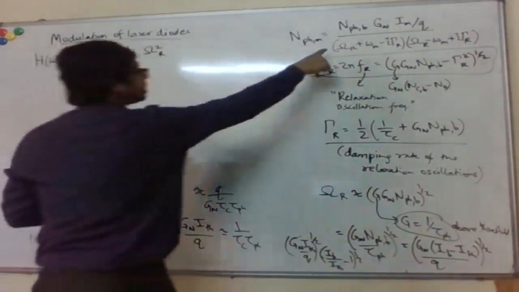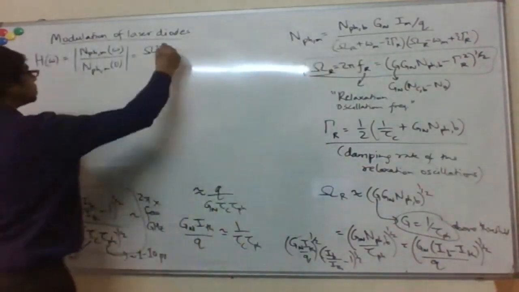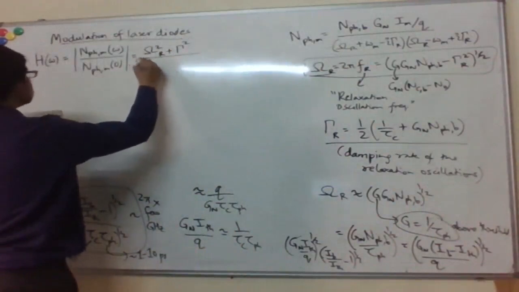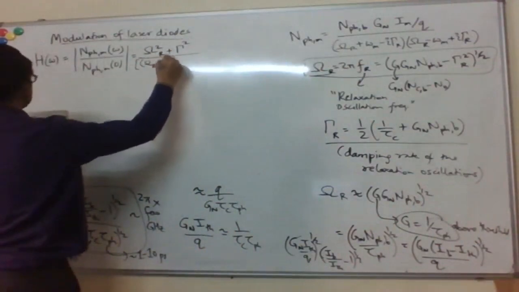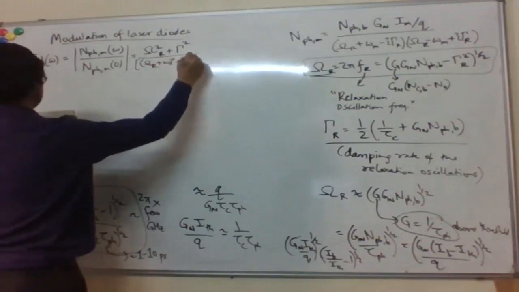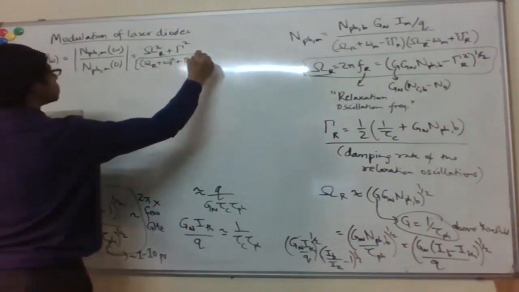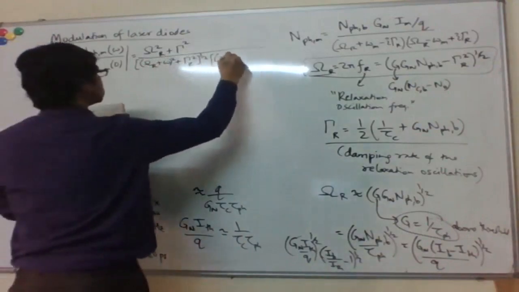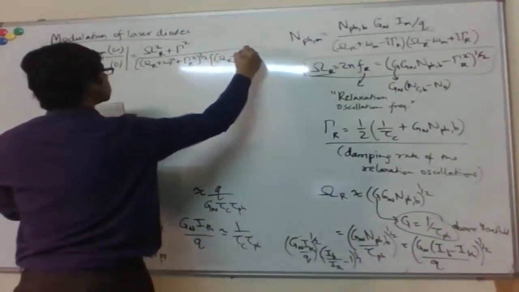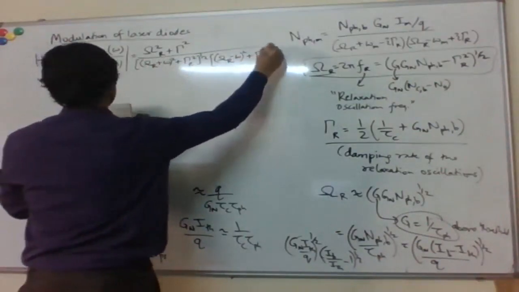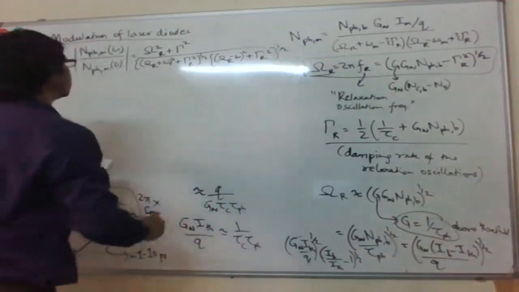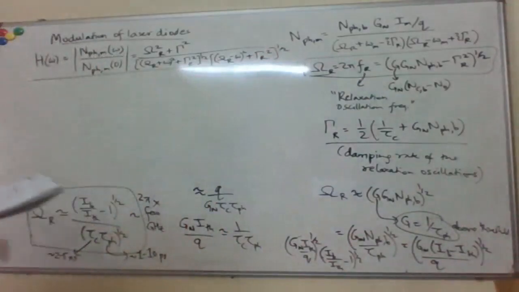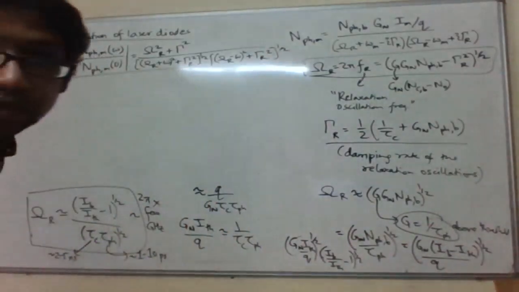And if I take the magnitude, because again this is a complex number, okay, so that's the transfer function here. I hope this is visible, yeah.